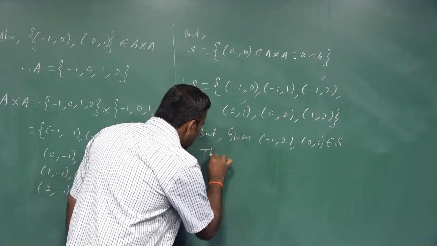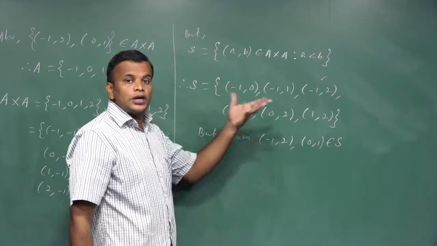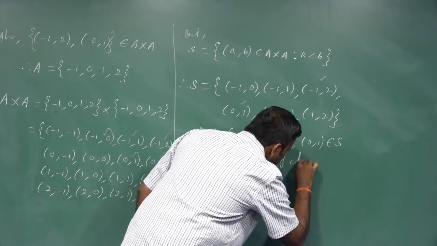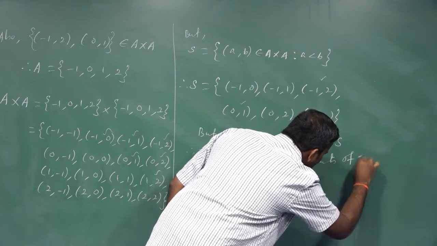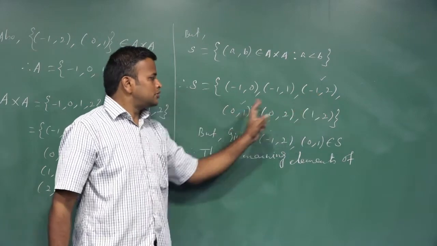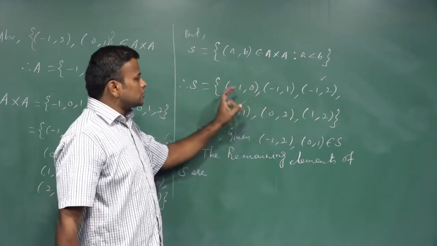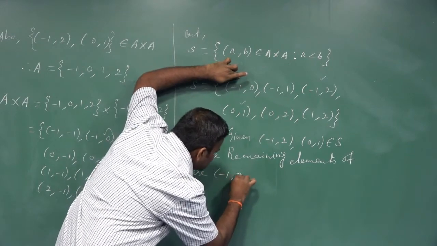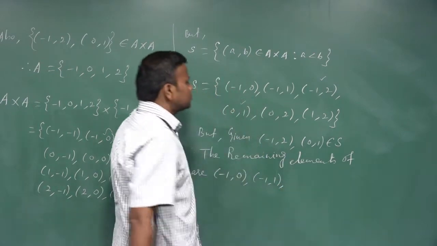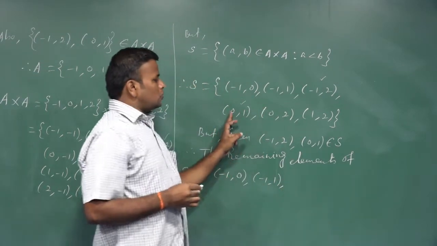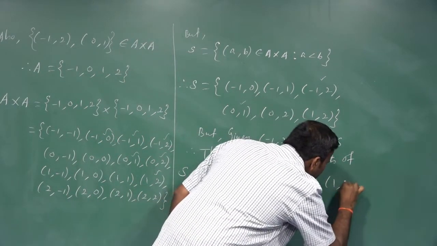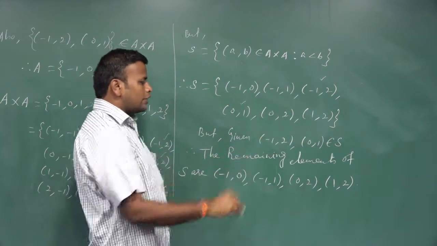Therefore, our question is to find the remaining elements of S. We already have two elements given, so the remaining elements of S are (-1, 0), (-1, 1), (0, 2) and (1, 2).